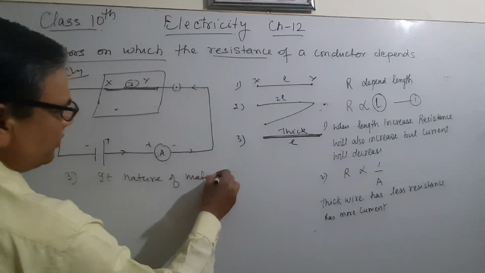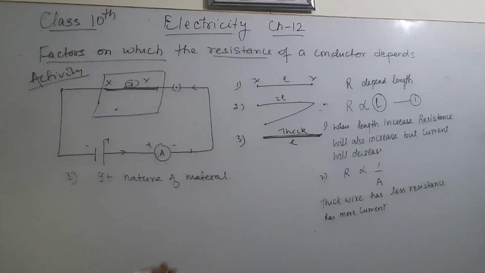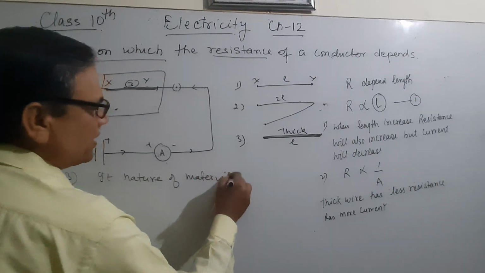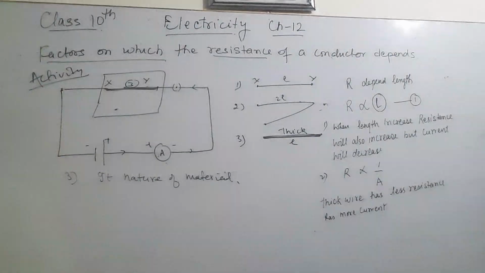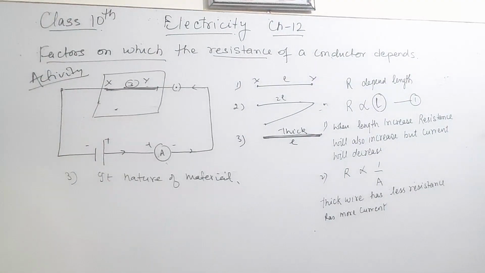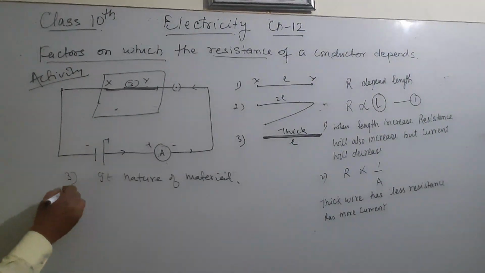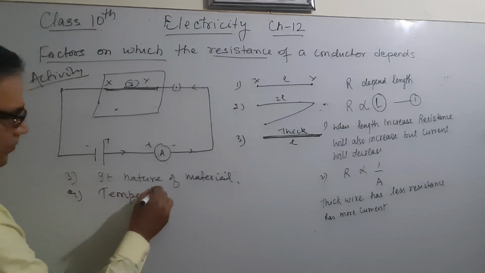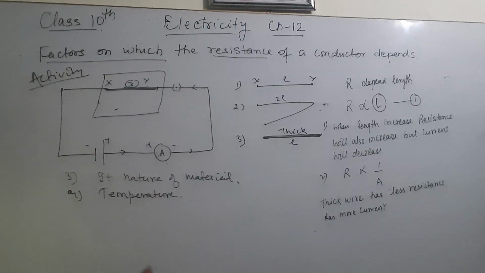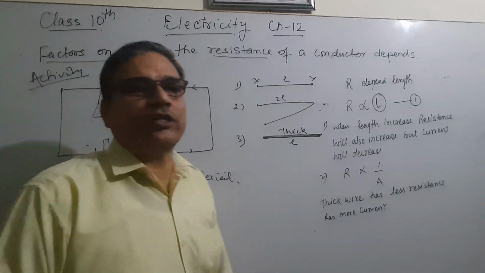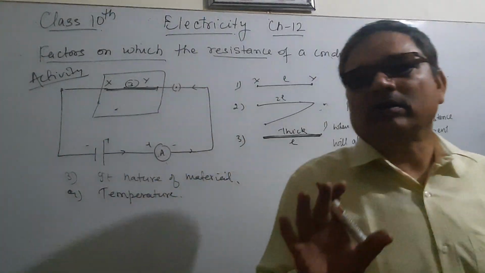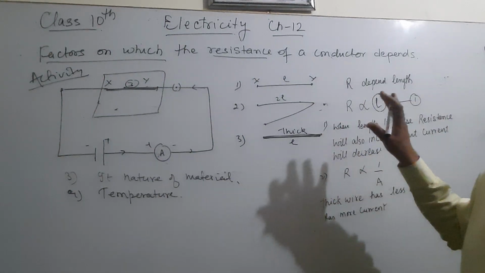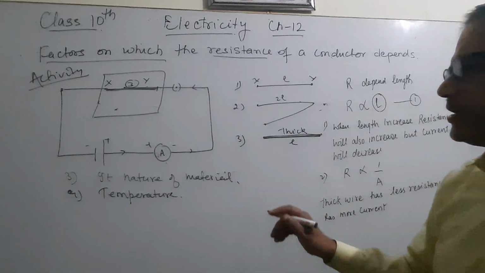What is the nature of the material? It means conductivity: good conductor, poor conductor, or resistor. Fourth is temperature. A difference of temperature will change the resistance of a wire. These are the four factors on which the resistance of a wire depends.